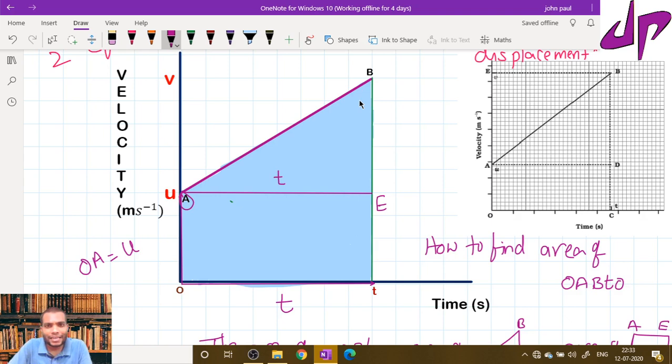Now to get the triangle's area, we need to find BE.